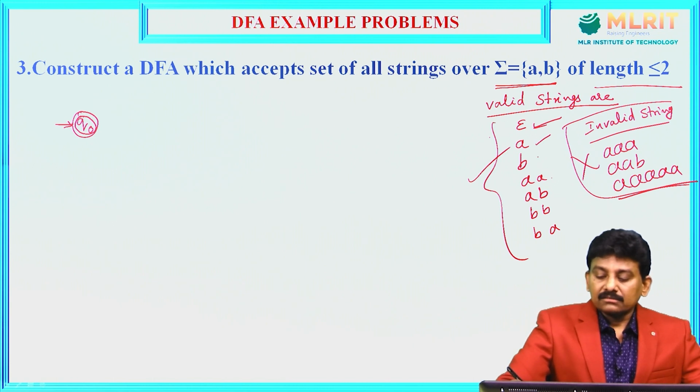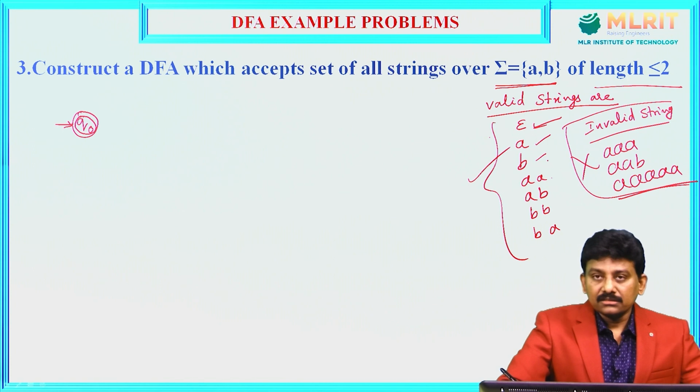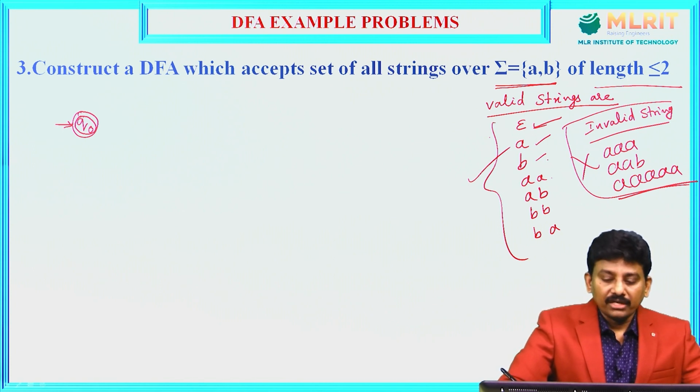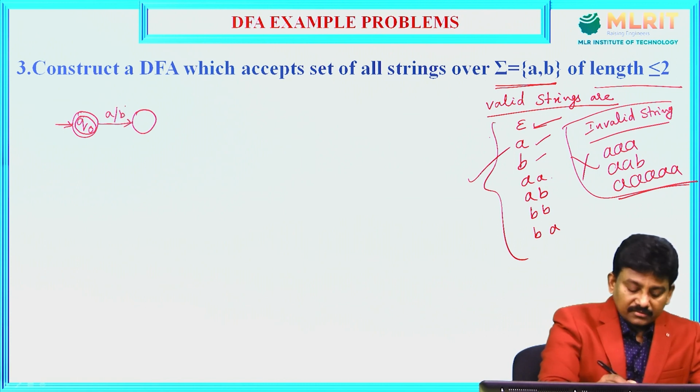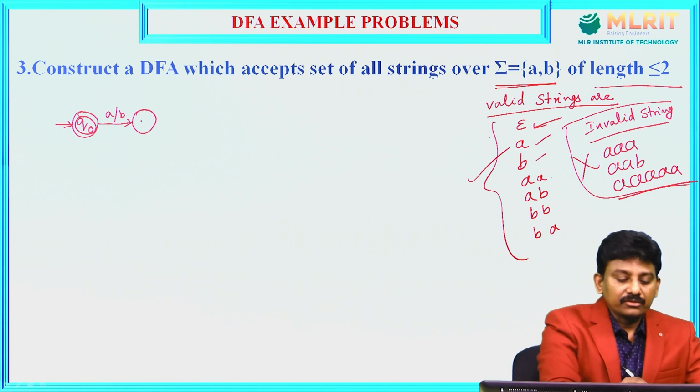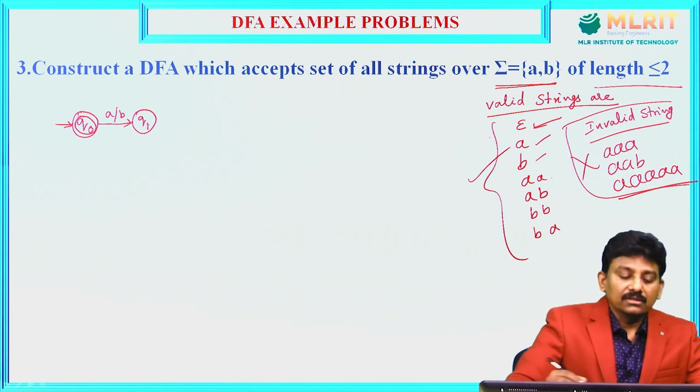Then, a single character A or B is also valid, that is, a string of length 1 should also be a valid string. So, the first symbol is either A or B, and I can go to the next state Q1.